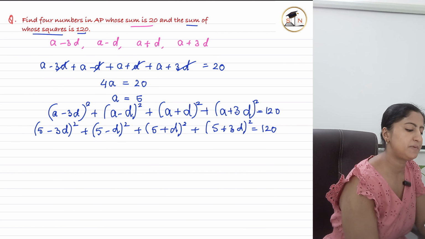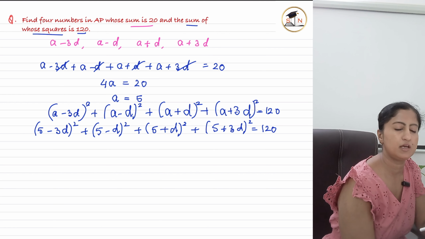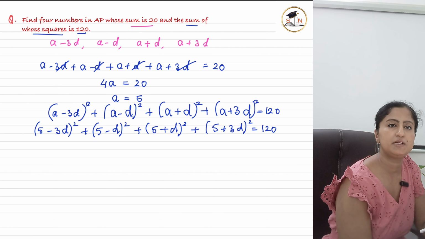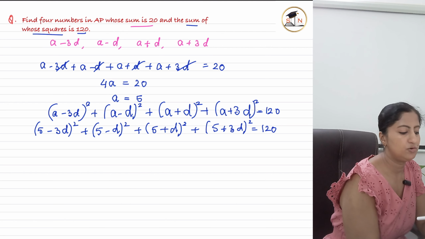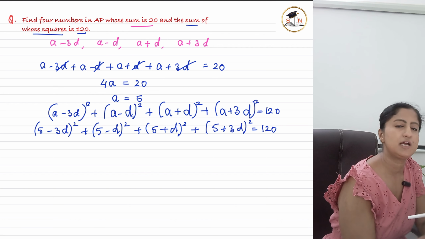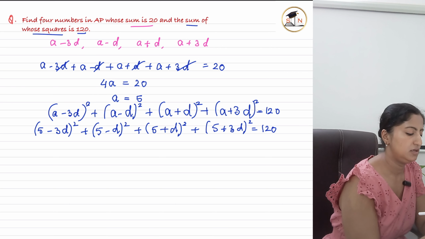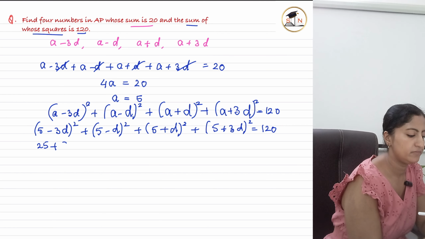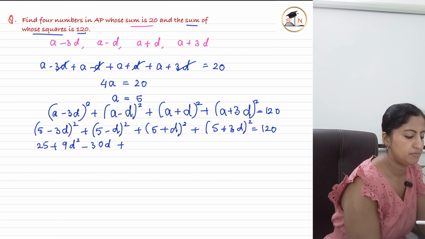Now, we need to expand all these brackets with the help of identities A minus B whole square and A plus B whole square. I know it is a little long, but this question has to be dealt with only in this manner. So let's start with that. It gives us 25 plus 9D square minus 30D plus 25 plus D square minus 10D.